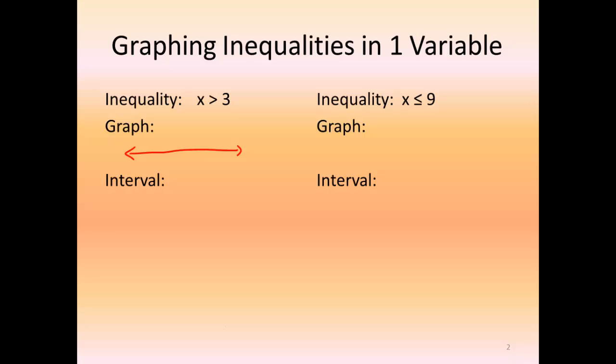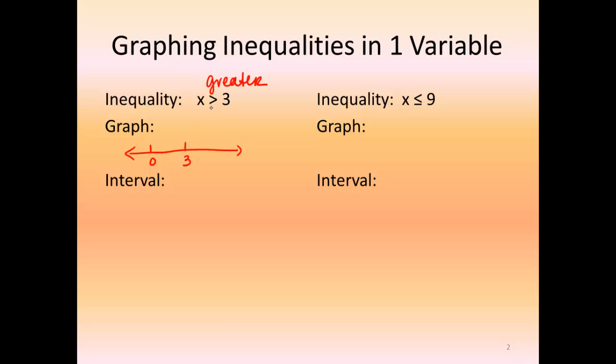So for the first one, x is greater than 3. On your number line, it's nice to include 0 so that you're representing what side of 0 this is on, either the positives or the negatives. So we're going to place 0 there. You do not have to have a tick mark for every single value between 0 and the number you're looking for, but it is nice to at least put a space there.